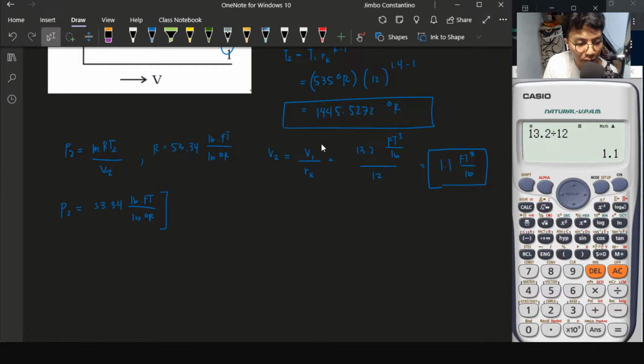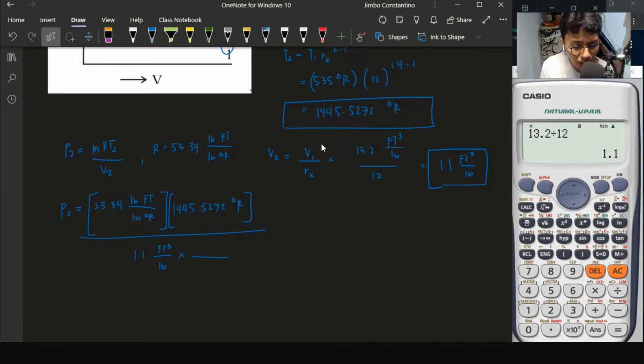Multiply to temperature 2, that is 1445.5272 degrees Rankine. Divide by V2. V2 is 1.1 feet cube per pound. Pag may nakita kayong feet cube, kahit saan man dyan, pwede mong multiply sa taas, multiply mo sa baba.